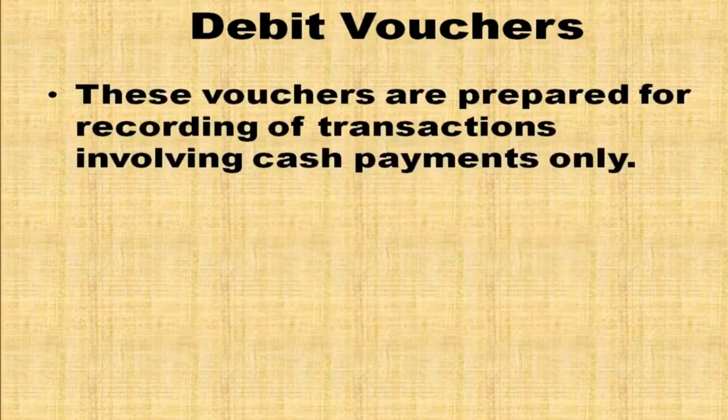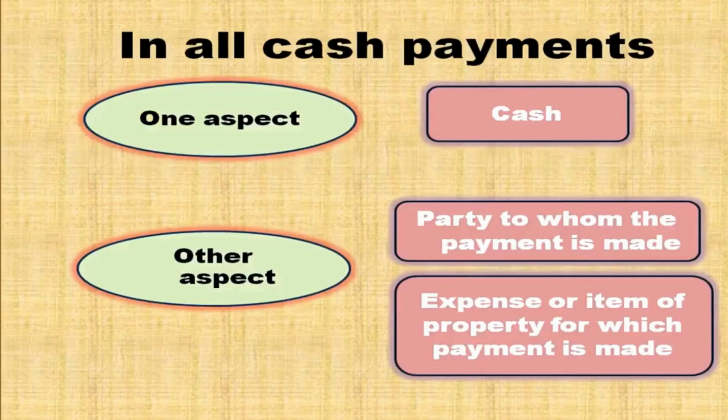Debit voucher. These vouchers are prepared for recording transactions involving cash payments only. In all cash payments, one aspect will be the cash. The other aspect will be the party to whom the payment is made, or the expense or item of property for which payment is made.